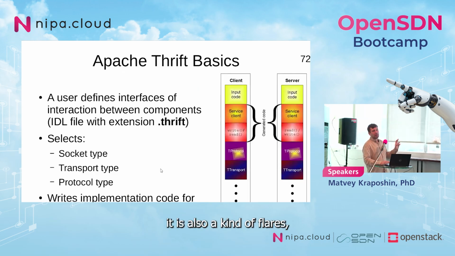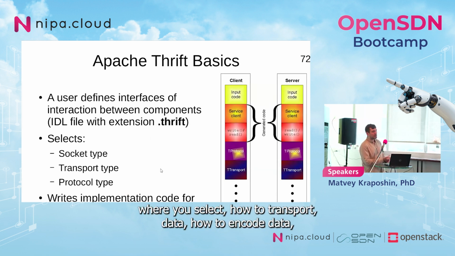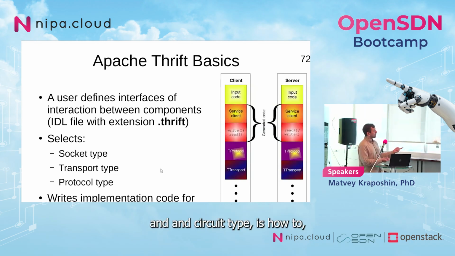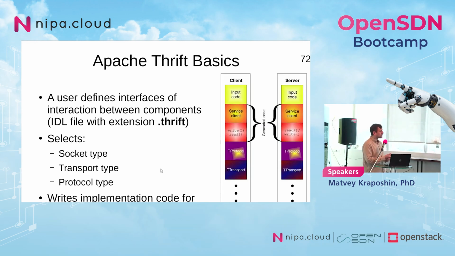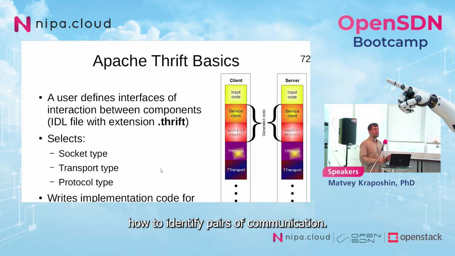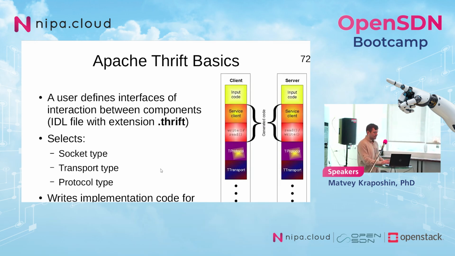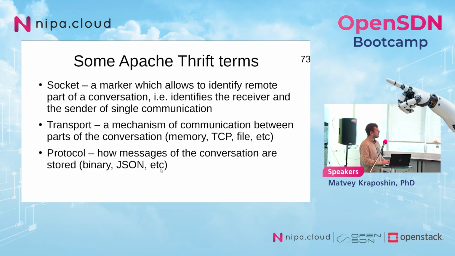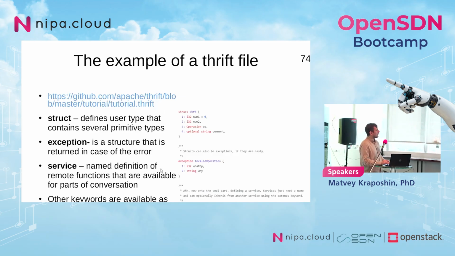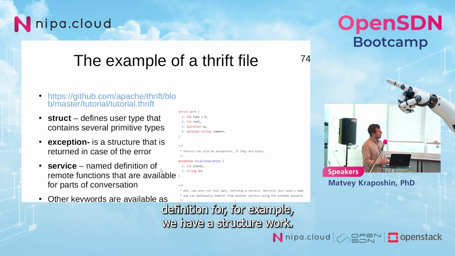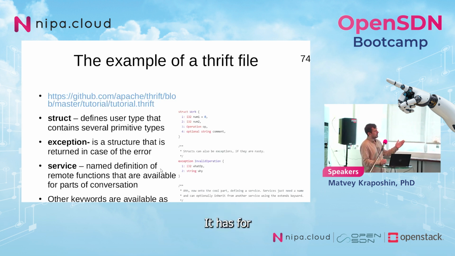Basically, it is also a kind of layered library where you select how to transport data, how to encode data, and the socket type, which is how to identify pairs of communication. And here is an example of an interface definition. For example, we have a structure Work. It has 4 fields.